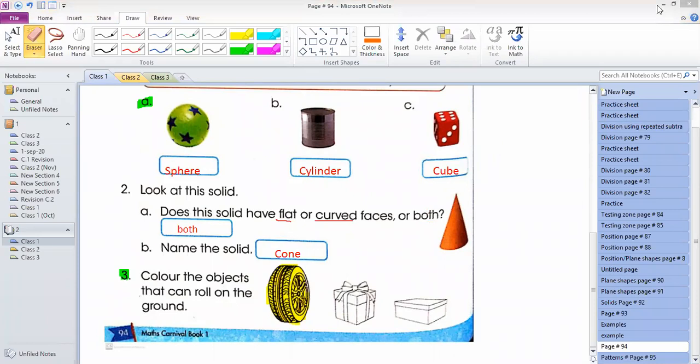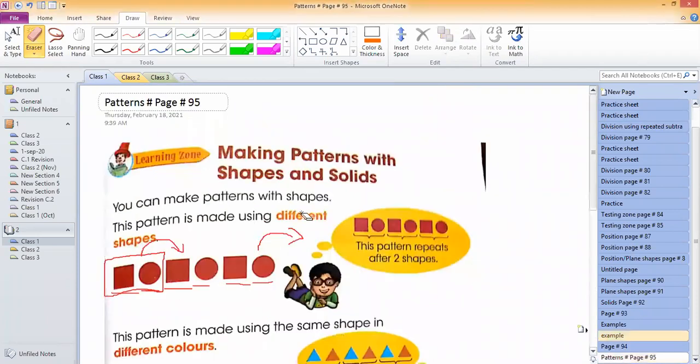That's very good. Now we are going to start a new topic, that is patterns. Do you know what a pattern is, guys? A pattern is a repeated form or a repeated design.